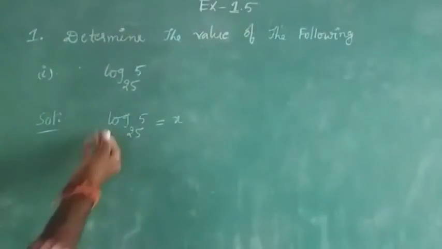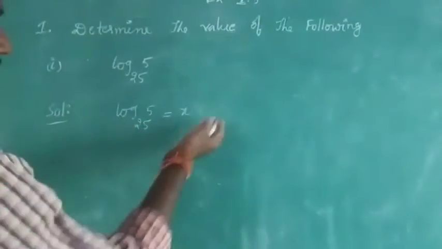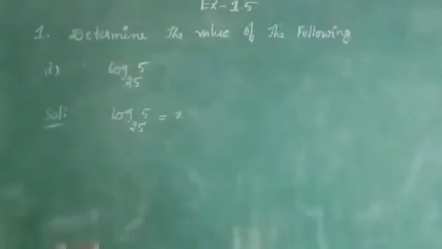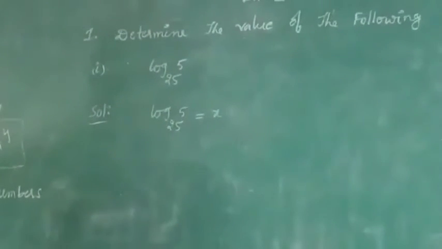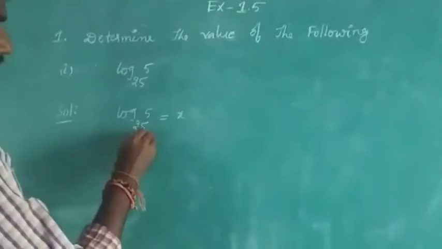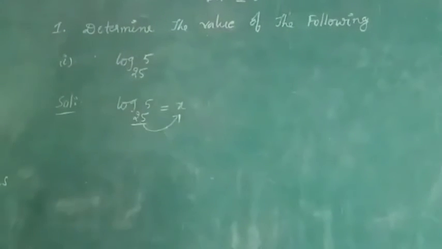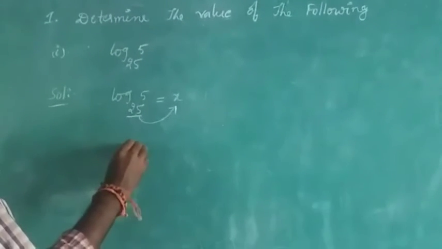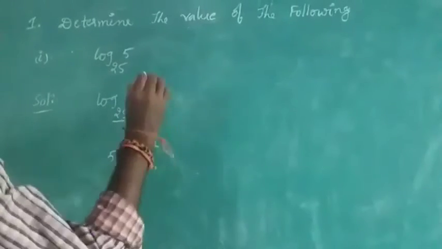It is in logarithmic form, and I would like to change it into exponential form. This 25 base you transpose, so 5 is equal to 25 to the power of x.